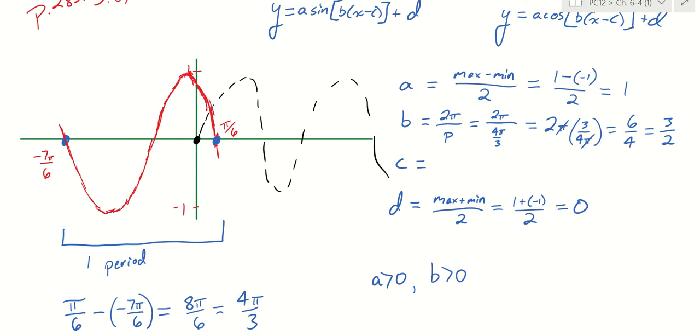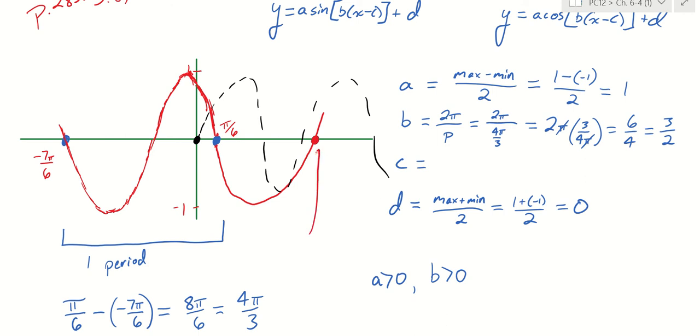So if we continue this red graph, we can see that this red graph would have been shifted to the right, if we're looking at a non-negative c value, by a certain number of units. And how many units would it have been shifted to the right by? Well, one thing we can look at is where this point would be.